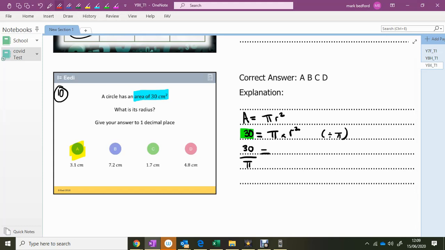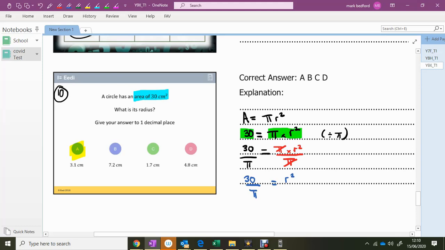If I now divide the pi times r squared by pi as well, these pi's cancel out. Pi divided by pi, the same thing divided by the same thing, is 1, and 1 times r squared will just make r squared. So the 30 over pi stays there, and I'm left with r squared.